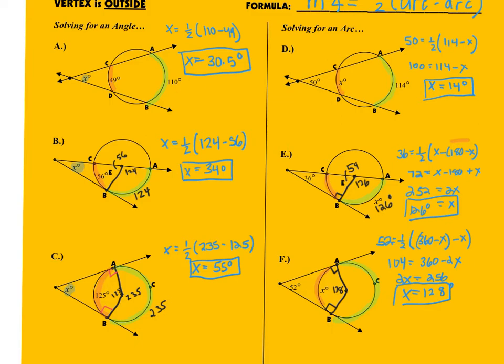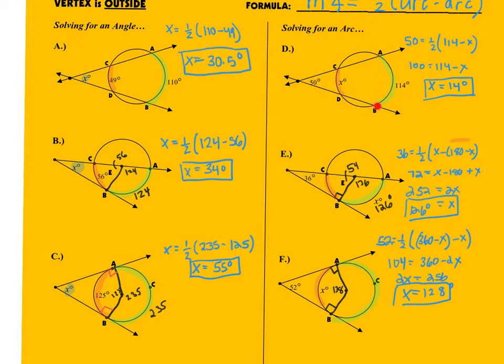When we look at these three examples, the vertex is still on the outside, but we're given the angle, and what we're looking for is one of the arcs. So if we look at this letter D here, if we follow our formula, the angle, 50, is equal to 1/2 of the difference of these two arcs.